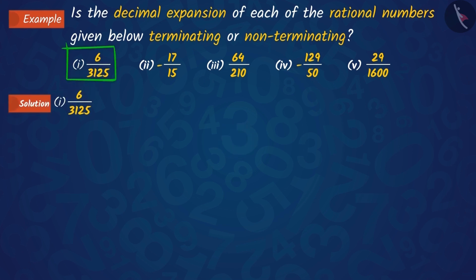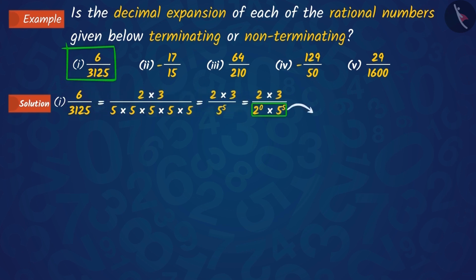If we factorize both the numerator and denominator of this first rational number, we find that the denominator is in the form of 2 raised to n into 5 raised to m.